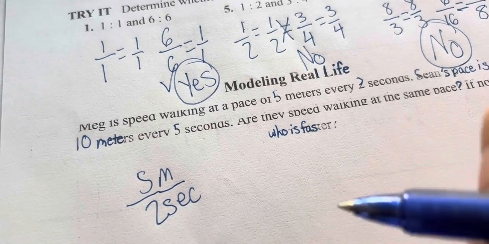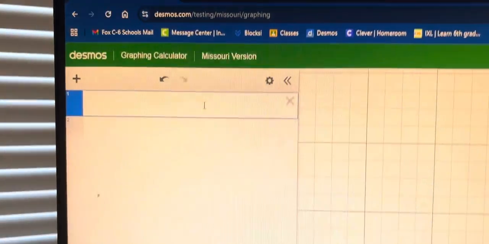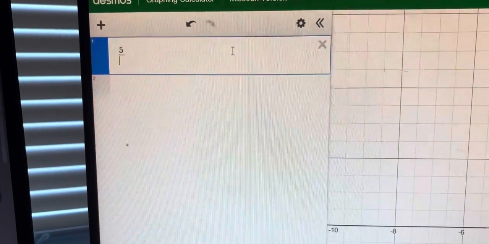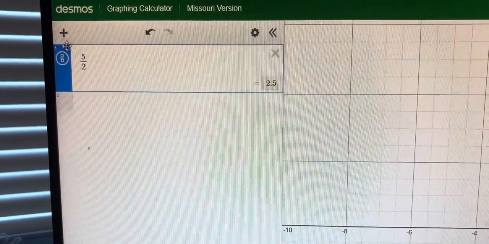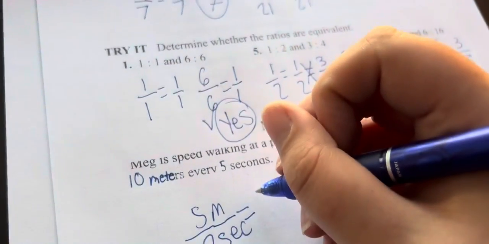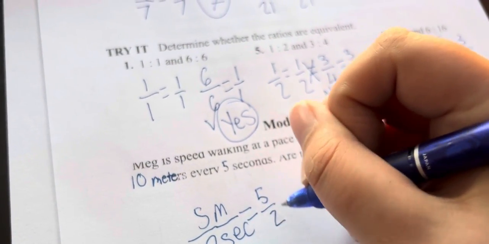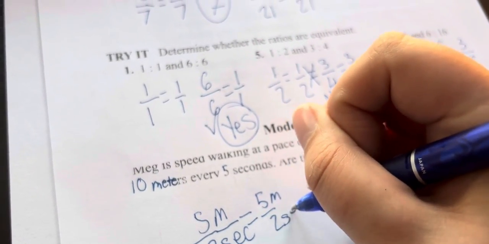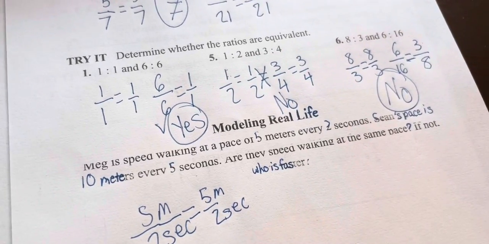Now, if I simplify that, type it into my calculator, I get 5 over 2. Hit the button. That gives me 5 over 2. Bam, 5 meters every 2 seconds. Okay?